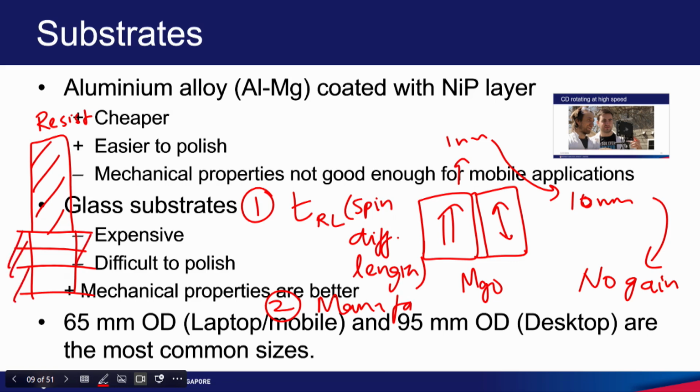So, if your MTJ layers are very thick, you will have difficulty. I mean, you may have to grow very thick resist layers, and etching will become a problem, especially when you are packing MRAMs at closer distances. How you etch such a thick layer and whether you can get the desired pattern, I think all this manufacturing problem will be happening. So, these two will limit how thick you go.